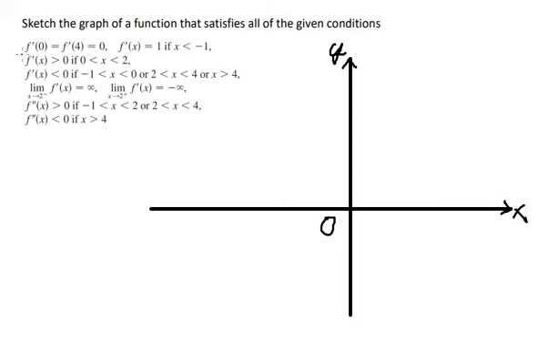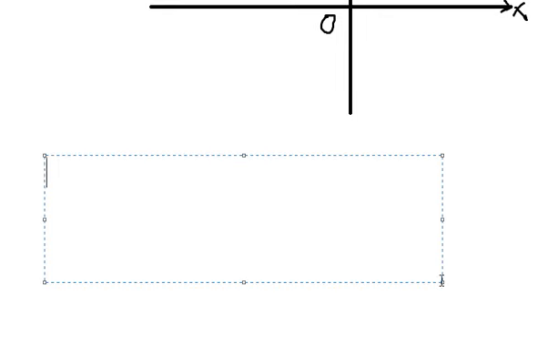For the first one, when x equals 0 and 4, the first derivative equals 0, so x equals 0 and x equals 4 are critical points.